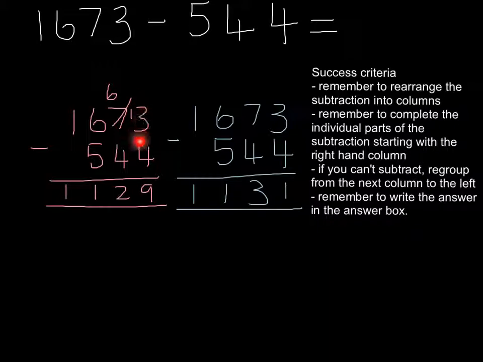Here we cannot subtract 4 from 3, so we have regrouped from the tens, leaving this number now 13, and 6 tens are left behind in the tens column. 13 take away 4 gives us 9, which we remember to write in the answer box. 6 tens take away 4 tens leaves us with 2 tens. 6 hundreds take away 5 hundreds leaves us with 100. 1,000 take away no thousands leaves us with 1,000.